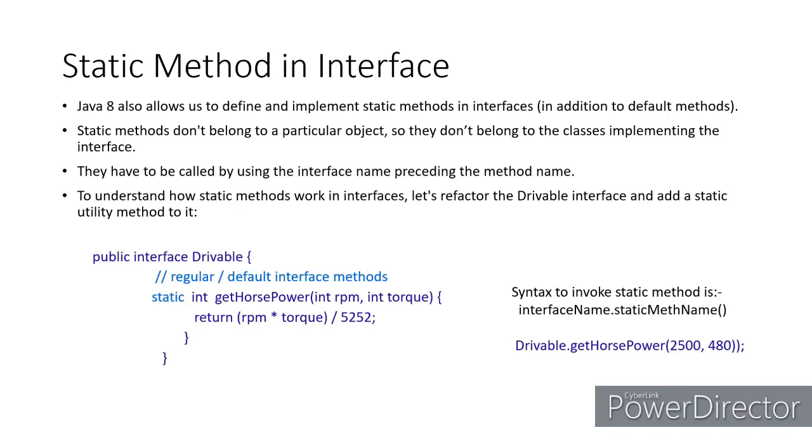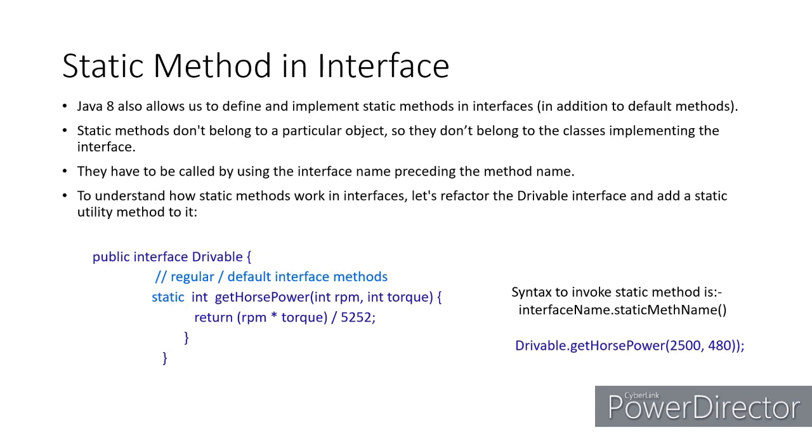Static means it belongs to a class or to an interface. It does not belong to an object. If I create 4 objects of the implementation class, the static functionality will be common for all the objects. That is not the case with your instance method. Instance methods belong to an instance.